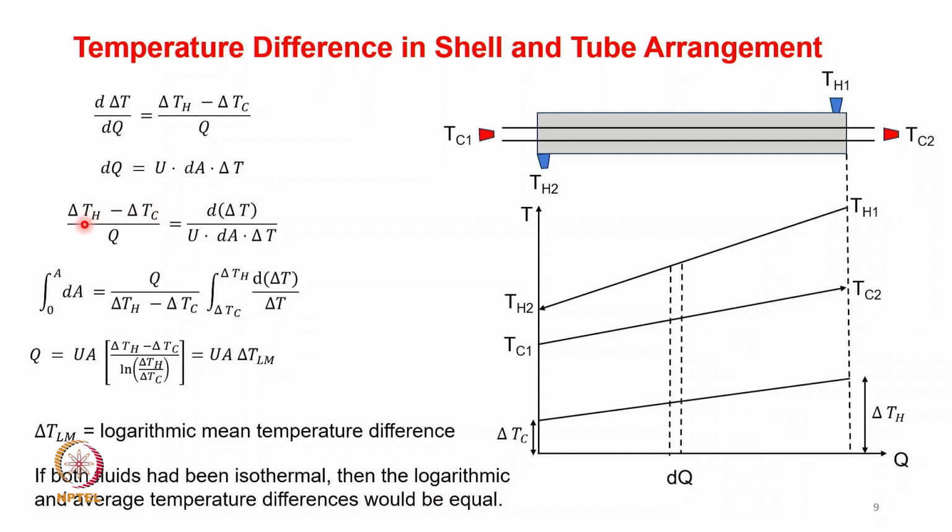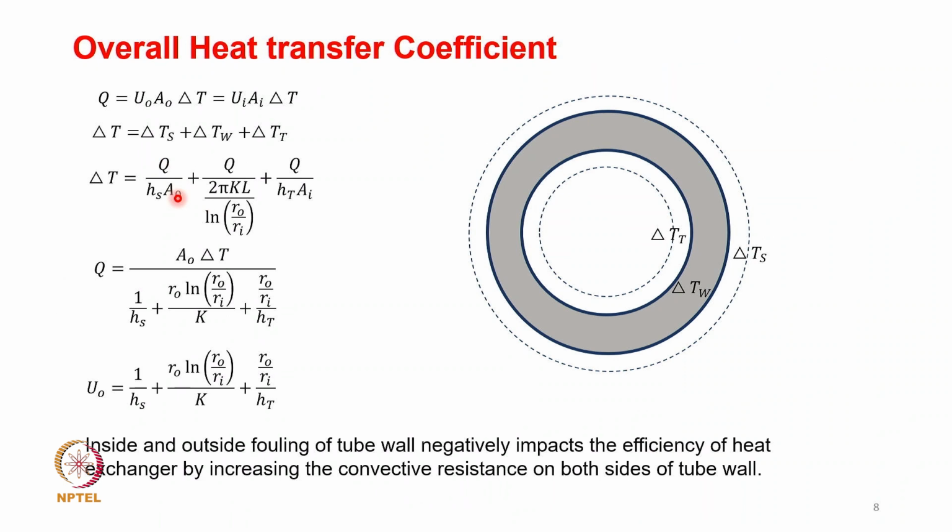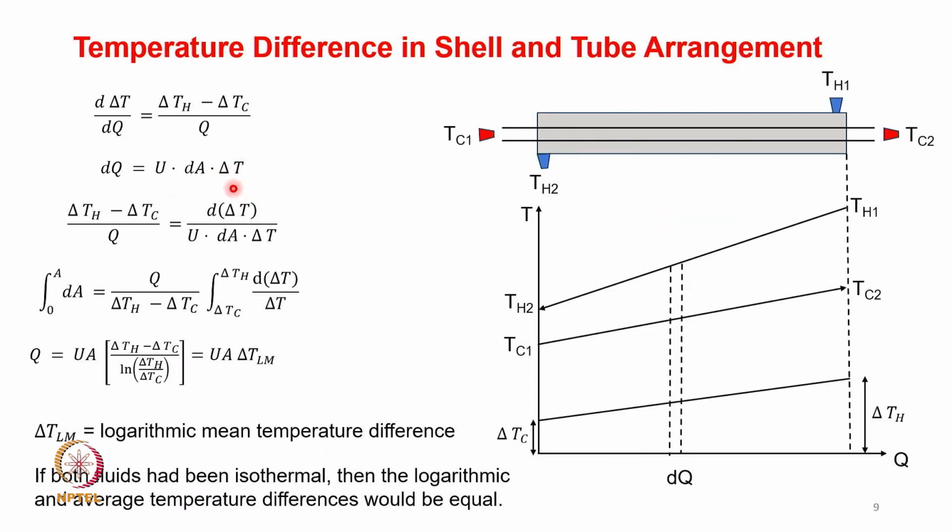And so now let's keep everything together. Delta Th minus delta Tc divided by Q would be equal to d delta T divided by dQ. So what is dQ here? dQ is U dA delta T, which I would plug in.